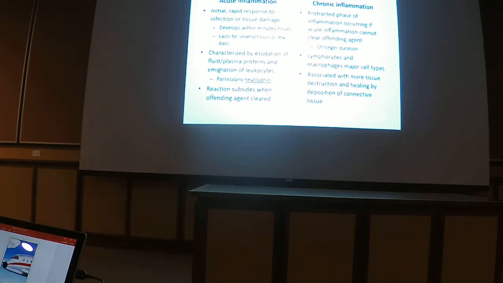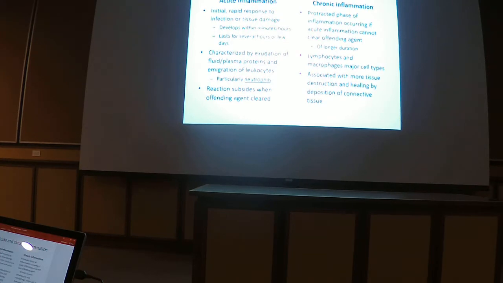Acute inflammation is characterized by exudation of fluid, and we'll remind ourselves of some words, transudate, exudate, and pus in the next slide, I think, and emigration of white blood cells, particularly neutrophils. So neutrophils are the main player for acute inflammation. In chronic inflammation, the main player is the macrophage.